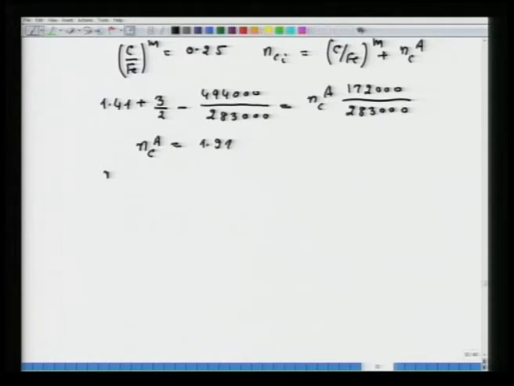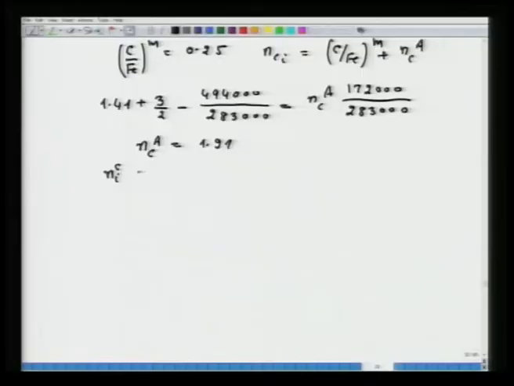And we know the equation, NIC, that is the total carbon per mole of iron, will be equal to 0.25 plus 1.91, that will be equal to 2.16.